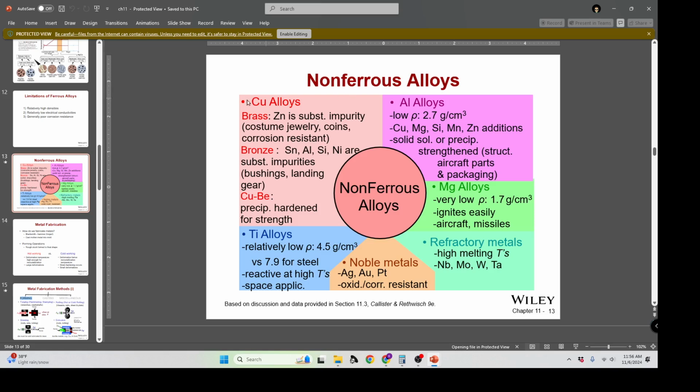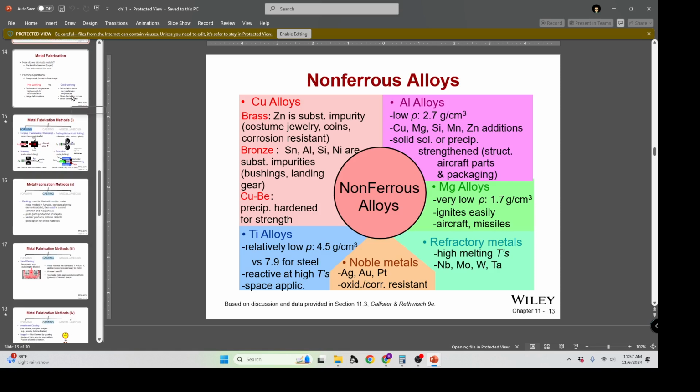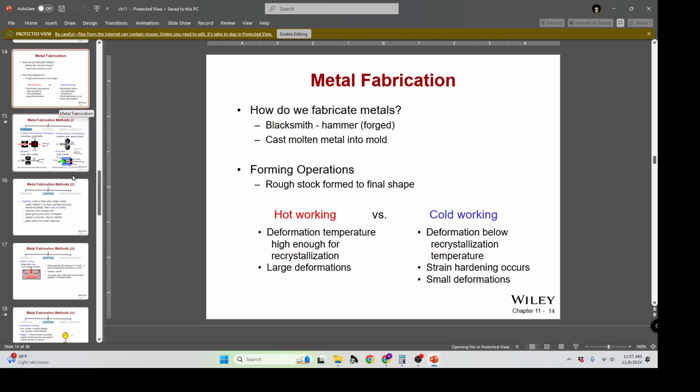Non-ferrous alloys, copper, aluminum, titanium, bronze, magnesium, refractories, nobles, are all non-iron containing, and they all have their own purposes, end applications, and unique properties, such as titanium being almost as strong as a stainless steel, typically, but much lighter, almost half the density. Aluminum is almost a third of the density. It's a little more than that, like 40% or so. So it gives a pretty good option for making high strength alloys.